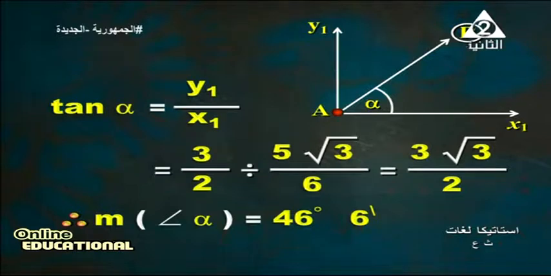Remember, my dear student, this example required the reaction of the hinge at the point A. We have the reaction R, and we resolve it into two components, x1 on the x-axis and y1 on the y-axis. And the second requirement: what is the angle of inclination, or direction, of the hinge about the x-axis, or about the horizontal.